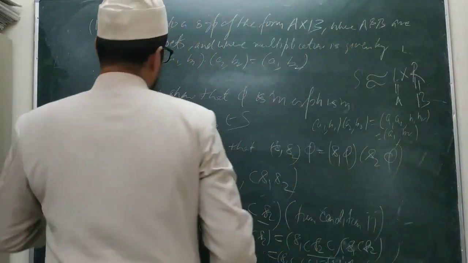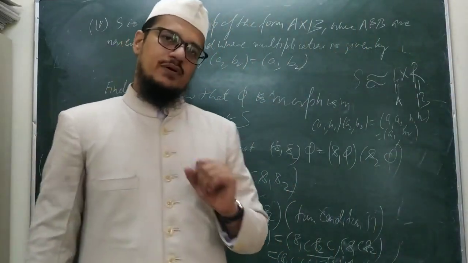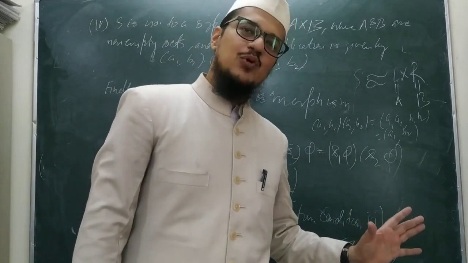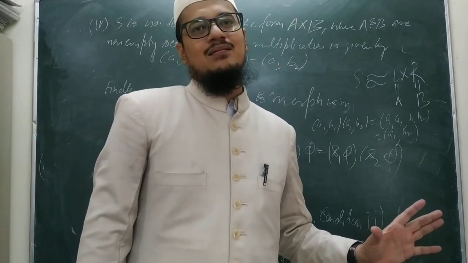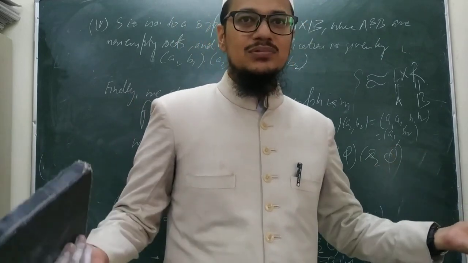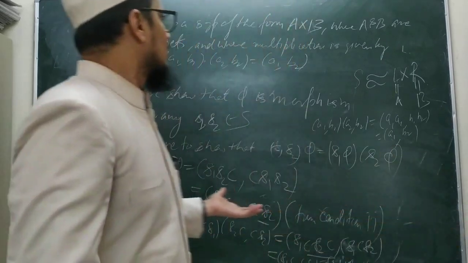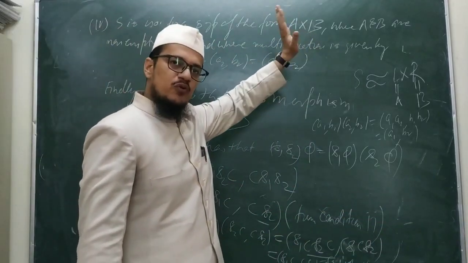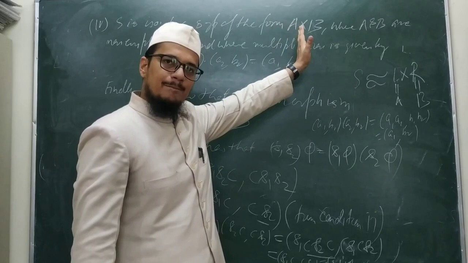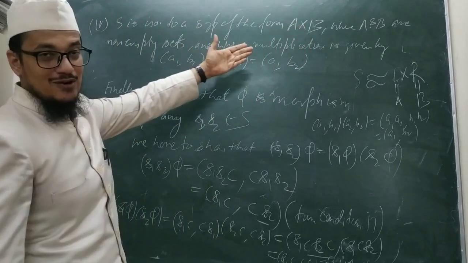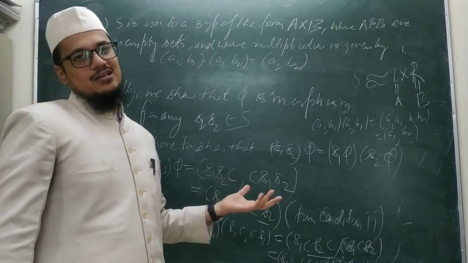So if two semigroups are isomorphic to each other, and if we are able to prove that one semigroup is rectangular band, then another semigroup being isomorphic to it also becomes rectangular band. So what we have to do, we have to prove that A cross B is a rectangular band. If we prove that A cross B is a rectangular band, then S being isomorphic to A cross B becomes automatically a rectangular band.